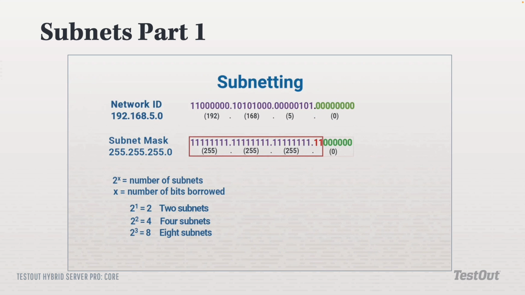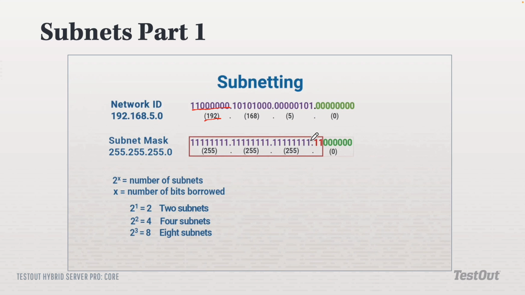So how does this actually break down? We can see here, let me pull up my little pen, that our 192 expressed in binary is 1 1, and then the rest is zeros, okay? And then we have our subnet mask. In this case, we have all ones.